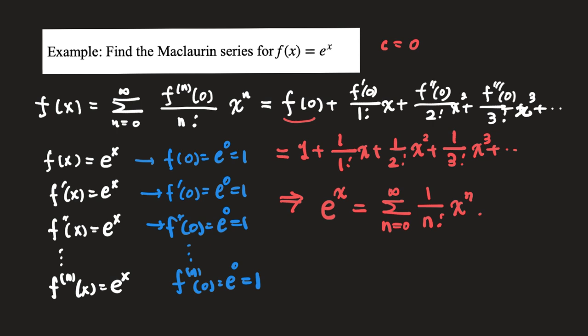Now try to find the radius of convergence and interval of convergence for this exponential function. You will find it is all real numbers, so this Maclaurin series converges for all x.